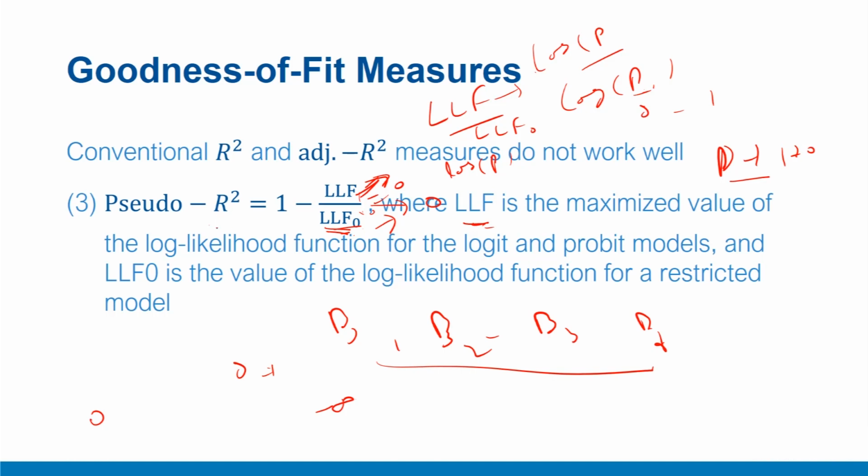And therefore, the upper limiting case of this function becomes 1. So this pseudo R square, in a very similar manner to conventional R square or adjusted R square, will range from 0 to 1. So this is how we use goodness of fit measures for the logit probit class of models, which are slightly different from the conventional goodness of fit measures such as R square and adjusted R square.